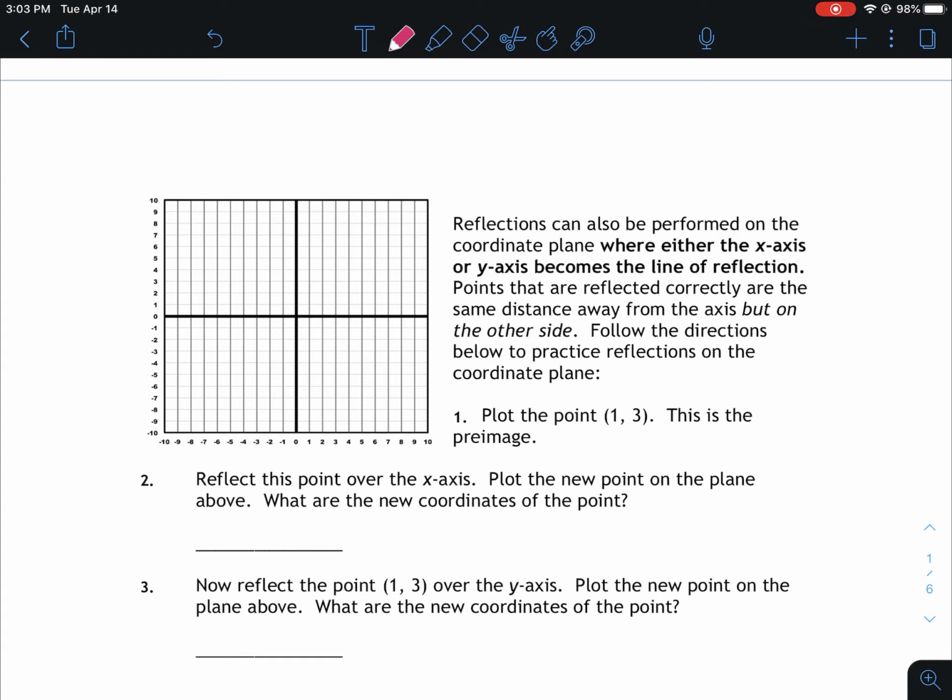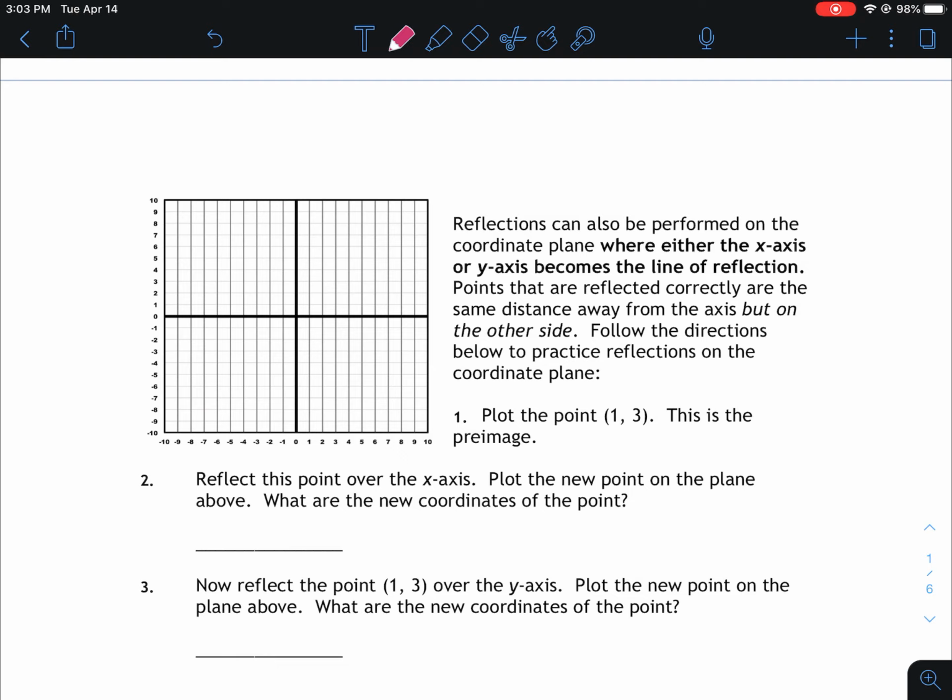All right, so here we are going to perform reflections on the coordinate plane provided here. So we are going to reflect either over the x-axis or the y-axis, and that will be our line of reflection. We're going to follow the directions below to practice reflections on the coordinate plane. Plot the point 1, 3.